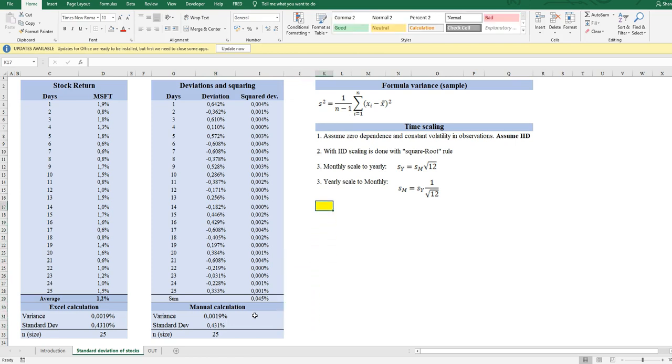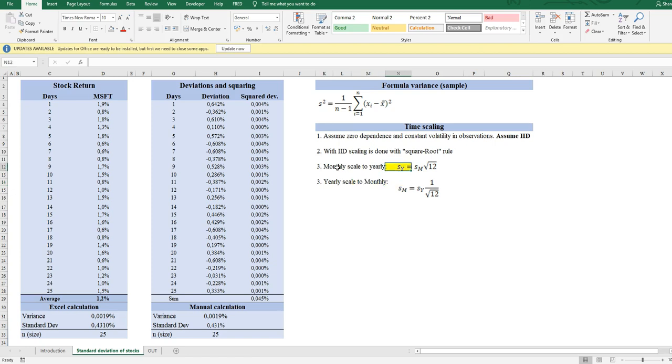We need to apply what is called the square root model, and the square root model is a simple relationship between, for instance, a monthly observation to annualization to yearly, or from daily to yearly, or the other way around, from yearly observations to monthly.